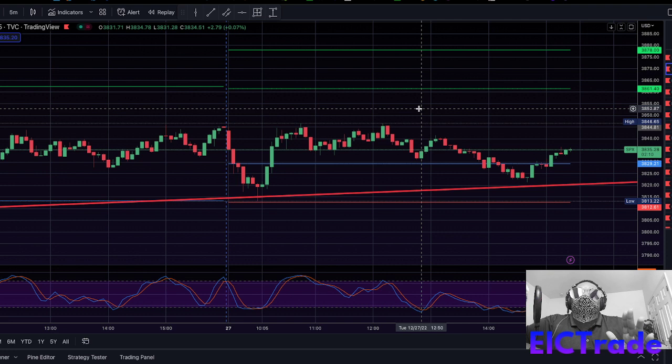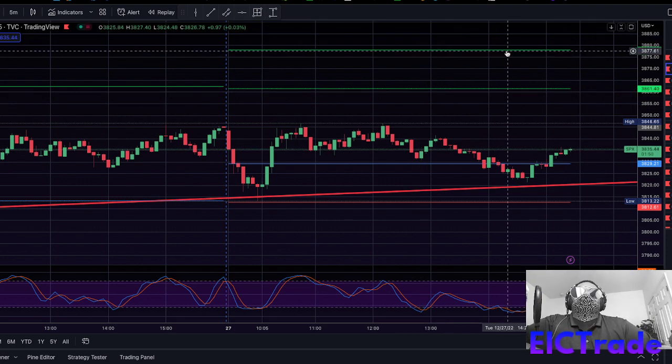But with a call spread or a put spread, you put the thing on, set your alerts, and go do something else, right? You set your alert maybe 5-10 points away from your tolerance zone, where you want to set your stop loss. Let's say my trade is at 38.77 right here.